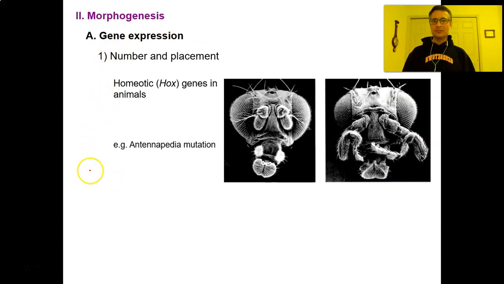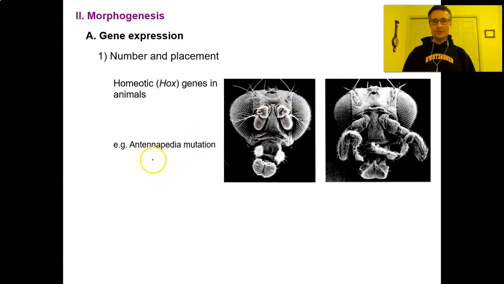In animals, genes that often control number and placement are homeotic or Hox genes. This is an example of how a Hox gene would work, and we can see this in a mutant known as the antennapedia mutant of a fruit fly. Here is the head of a fruit fly, and you can see its eyes and its mouth parts and its antennae. Its antennae are actually, as we'll learn in our animal section, jointed appendages.